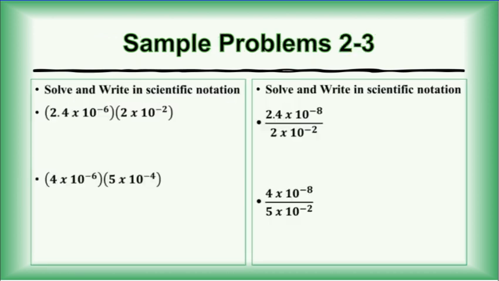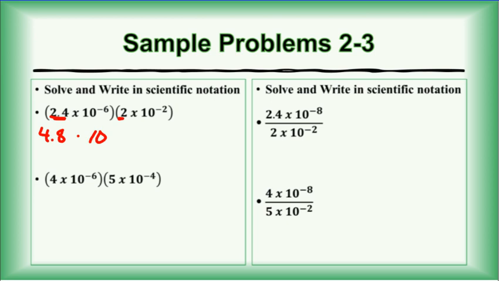Okay, next problem, solve and write in scientific notation here. So now we have a little bit bigger numbers to work with. So 2.4 times 2, that would be 4.8. So always multiply your decimals by your decimals, or your decimals times your whole numbers. 4.8 times 10, and 10 to the negative 6th times 10 to the negative second.